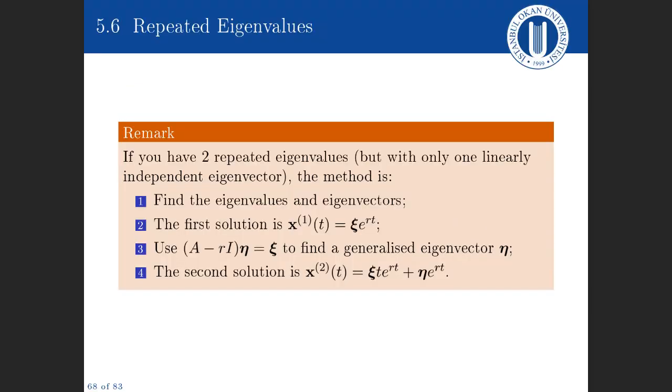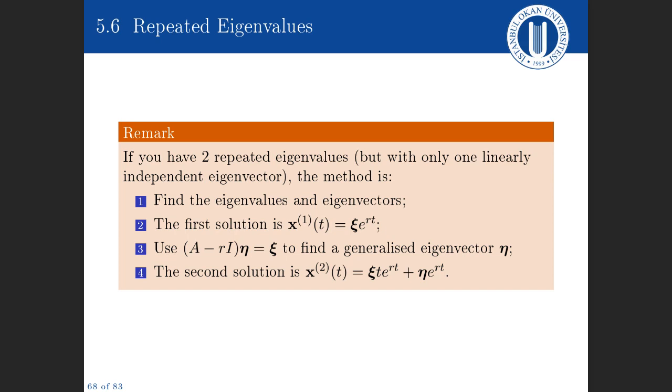So here's our method. If we have two repeated eigenvalues, but only one linearly independent eigenvector, step 1, find the eigenvalues and the eigenvectors. Step 2, the first solution is just eigenvector e to the power eigenvalue t, just as we've been doing before. Step 3, we need to find a generalized eigenvector eta. That's a vector eta which satisfies the equation A minus rI eta is equal to xi.